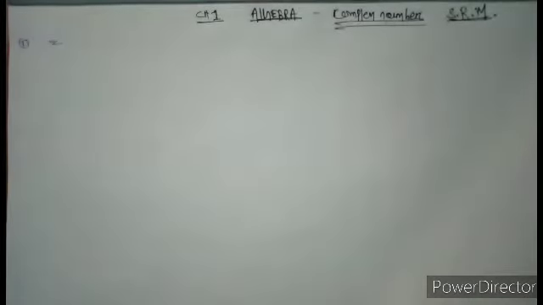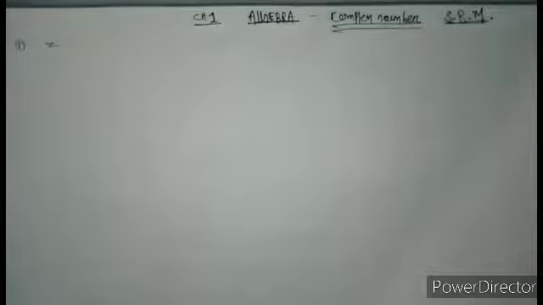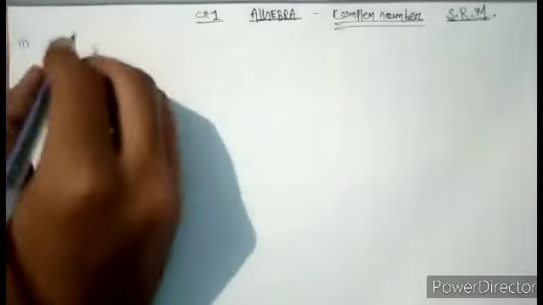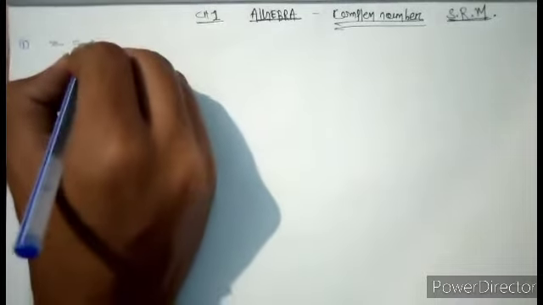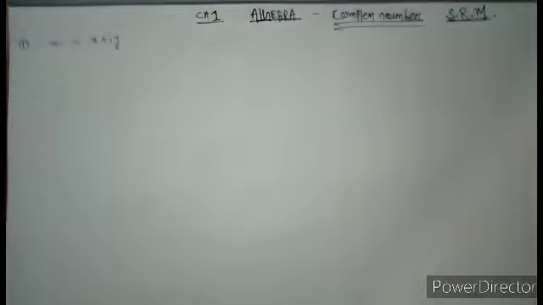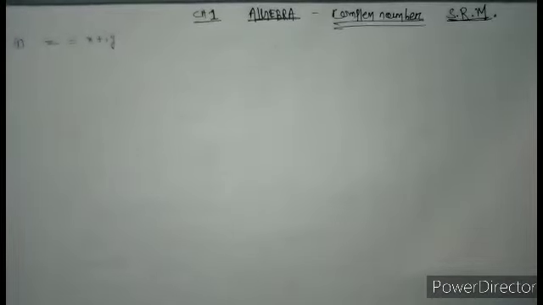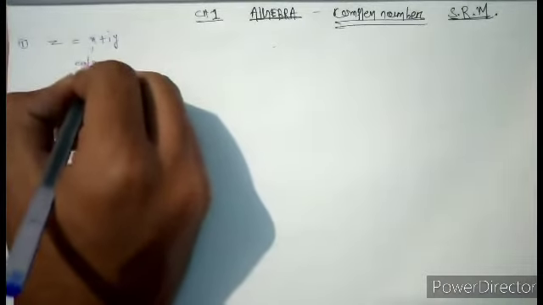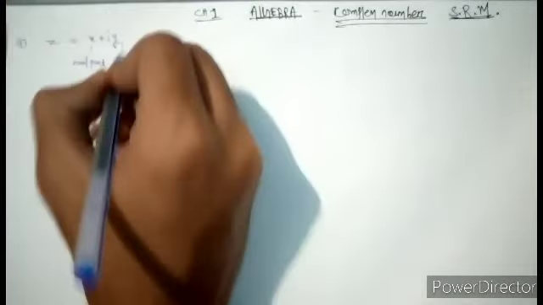First of all, we know that the complex number is denoted by Z. Okay, so Z, the complex number, is in the form x plus iy, where x is the real part and y is the imaginary part.